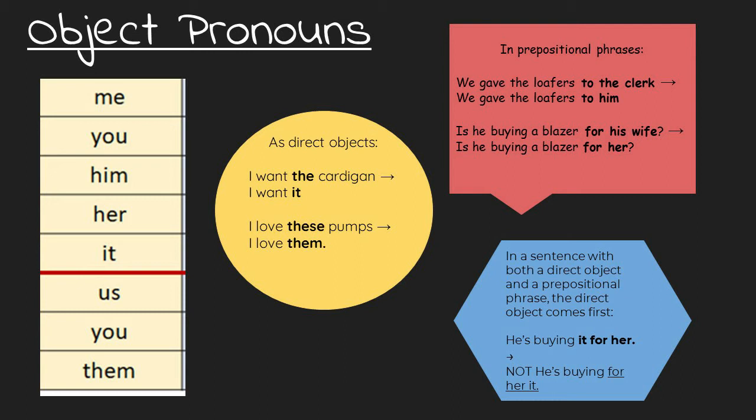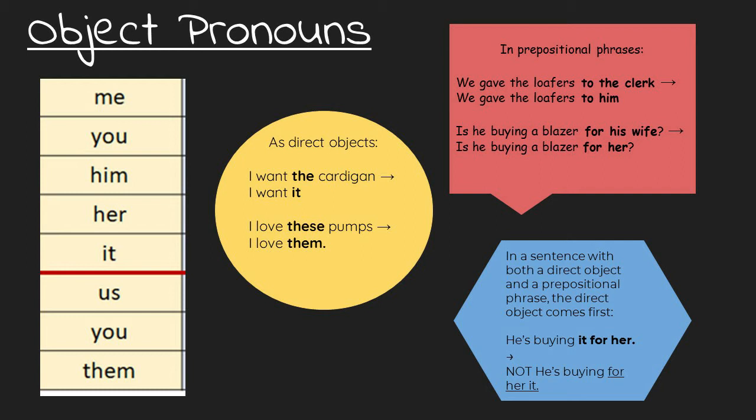For example, imagine that the question could be, "Is he buying a blazer for, I don't know, Samantha?" So instead of saying the name of the person, we can say, "Is he buying a blazer for her?" That's the difference.